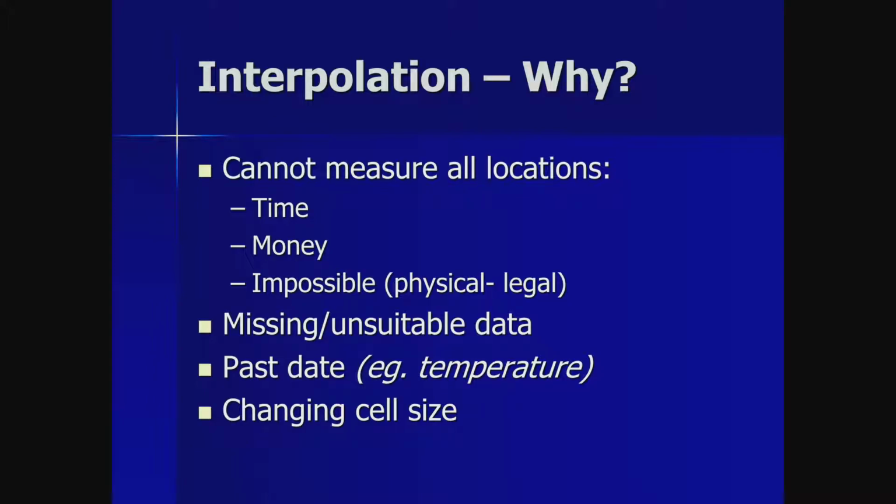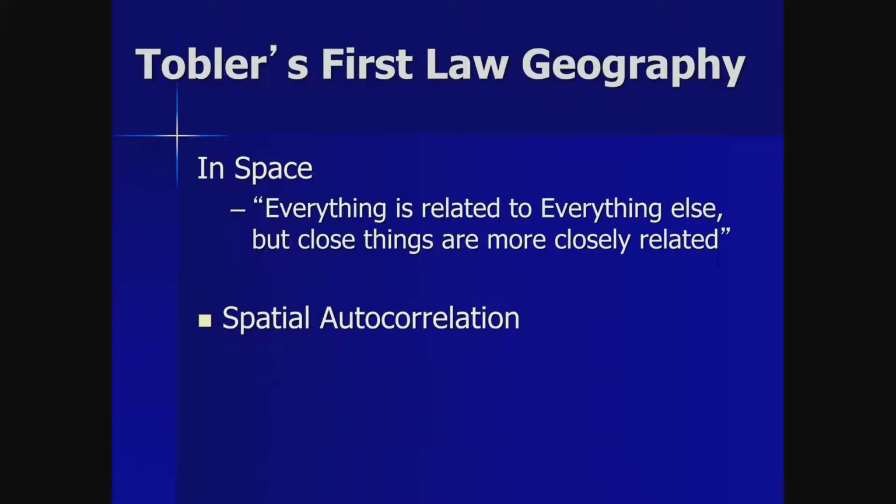Interpolation can be done, and there have been research papers looking at this, when you change cell size rather than just simply resampling. Resampling just means to take every fifth cell or every eighth cell when you go up and down.